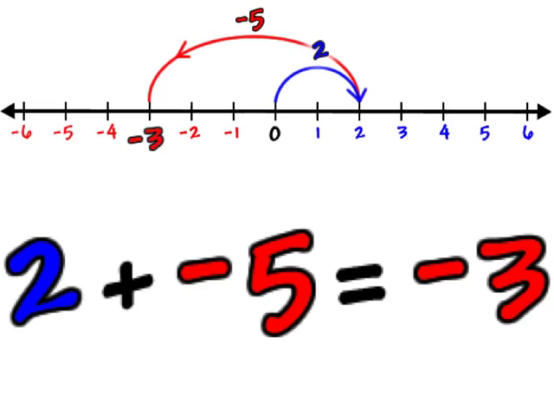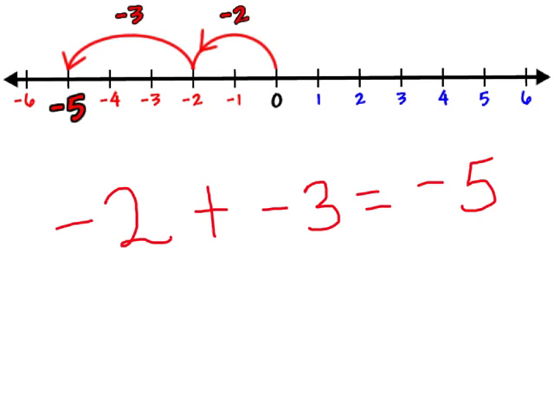So I'm going 5 back to the left from this 2, and I end up at -3. So 2 plus -5 is -3. You could also say you're subtracting: 5 minus 2 is 3, and 5 is larger than 2 and it's negative, so we're going to leave a negative answer.